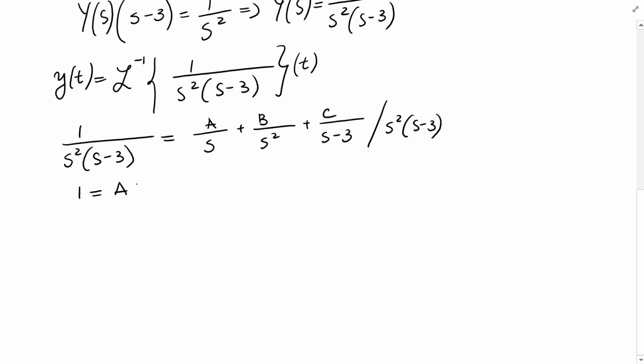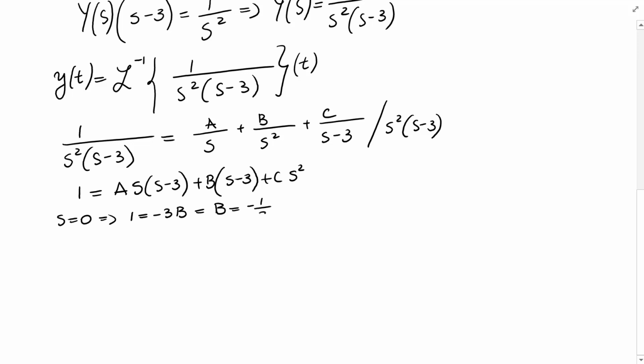So it's a times s minus 3 plus b times s minus 3 plus c times s squared. If s equals 0, we get 1 equals negative 3b, so we can immediately calculate b as negative 1 over 3. If s equals 3, we get 9c equals 1, so c equals 1 over 9.